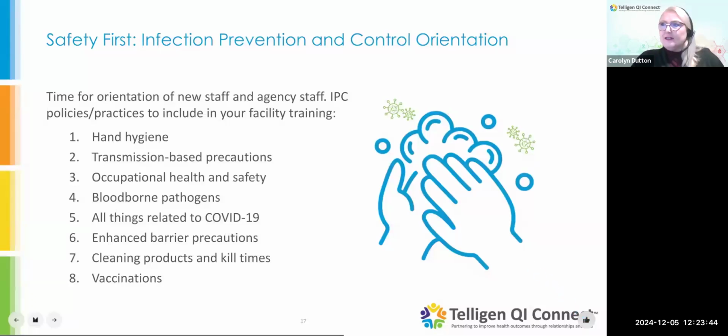So here is a list of some of the things that you might want to cover during your infection prevention and control orientation with your staff. Also, another thing, so that they know where their PPE is located. If they have someone who is in isolation and perhaps they're out of something like gloves or gowns, where do they locate that to refill it if they happen to run out? Those are the kinds of things that they're going to need to know too.